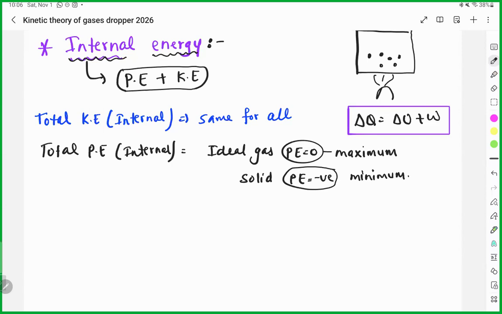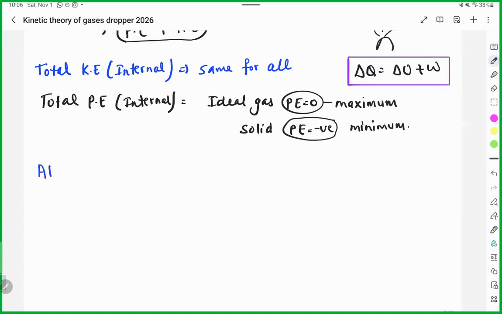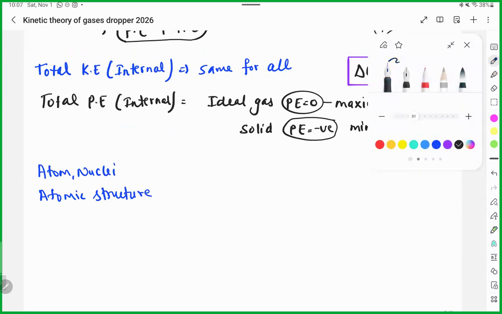And even in this chapter, which chapter? You have this binding energy, right? In atomic structure or atom and nuclei physics, and in chemistry, atomic structure, you have this concept that is binding energy.